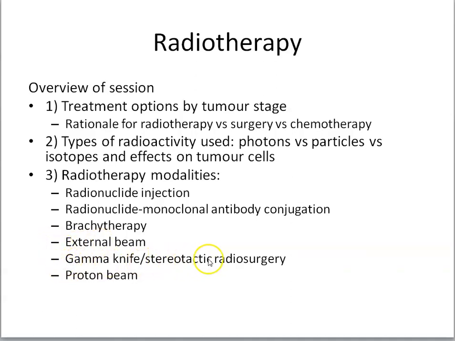The gamma knife and stereotactic radiosurgery can be very targeted specifically to the tumour and spare tissue sort of behind the tumour, so we focus in gamma rays at the tumour specifically and spare the normal tissue as much as possible, and using a different approach we can do the same thing with proton beams.